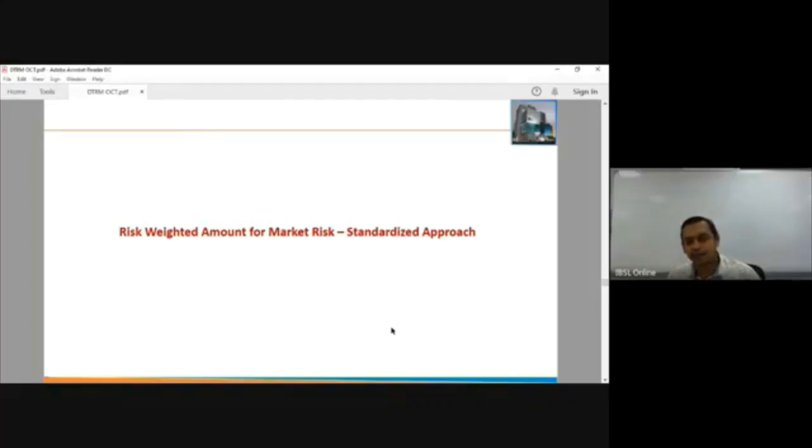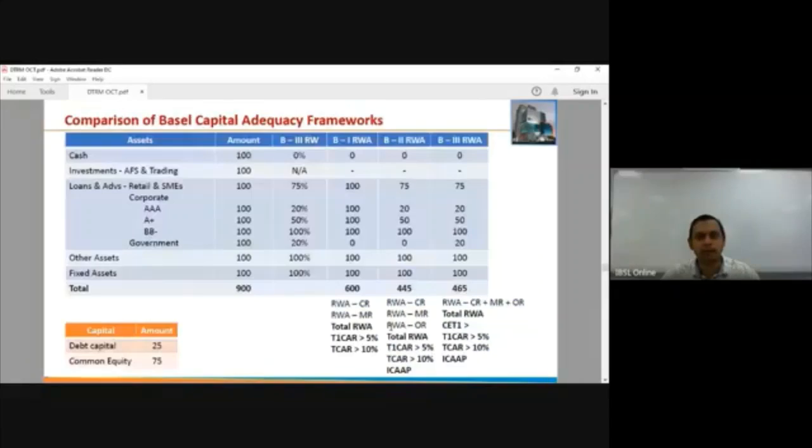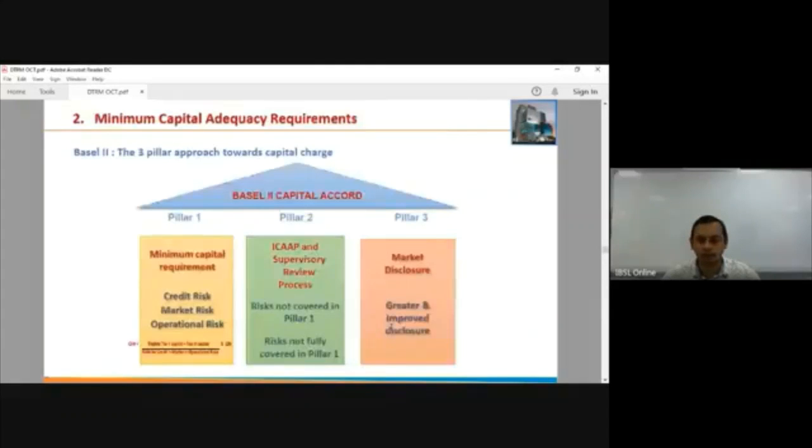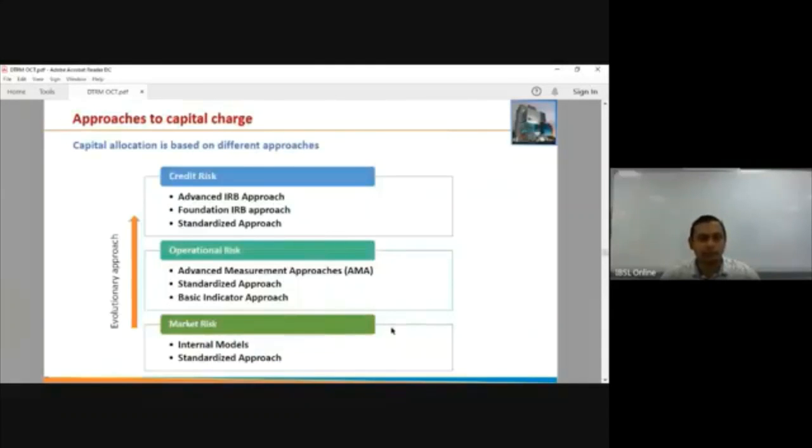Now, as I said last week, if you go to the Basel framework, Pillar 1 covers three risks: credit risk, market risk, and operational risk. And there are different approaches the regulator can adopt for their country. For credit risk, we are still on the standardized approach in Sri Lanka.